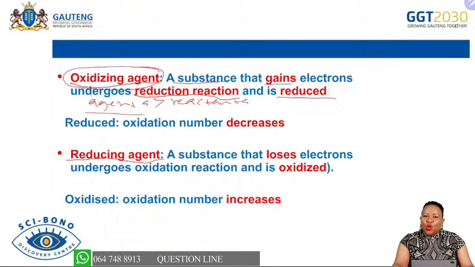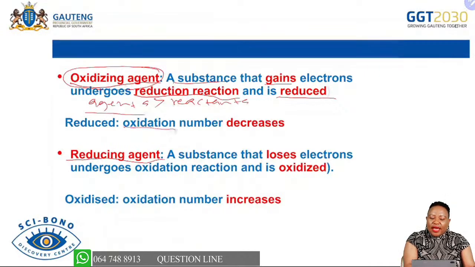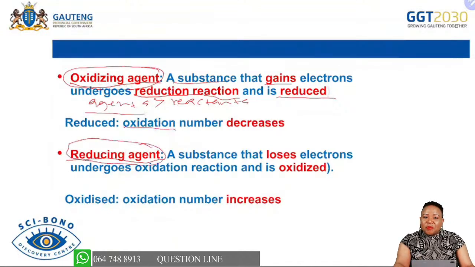So we need to know that if you are causing a specific type of reaction, you will undergo the opposite reaction. Therefore, because an oxidizing agent made oxidation occur, a reducing agent will make a reduction occur, meaning that a reducing agent will cause another substance to undergo reduction.